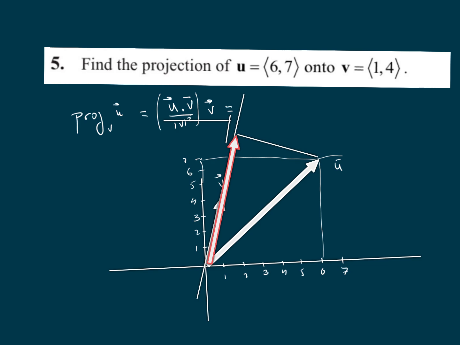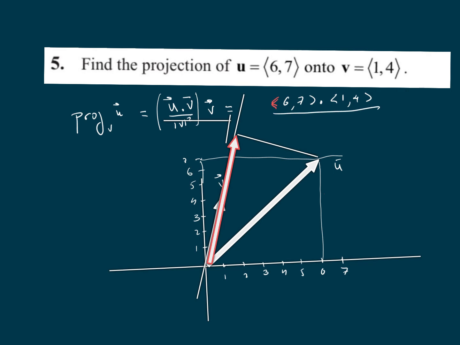Let's plug in numbers and find it. U dot v will be 6, 7 dot 1, 4, divided by the magnitude of v squared.